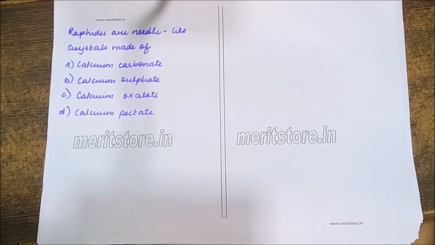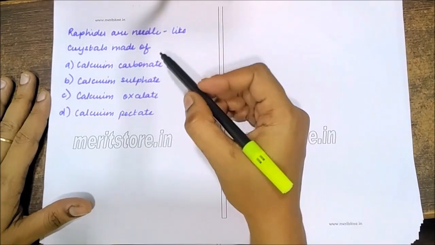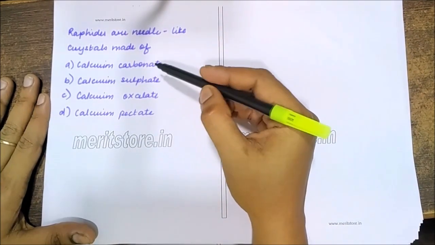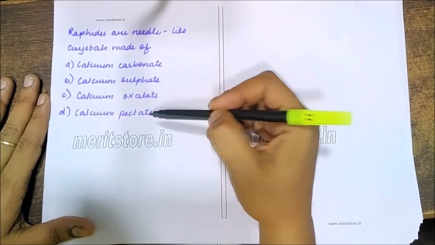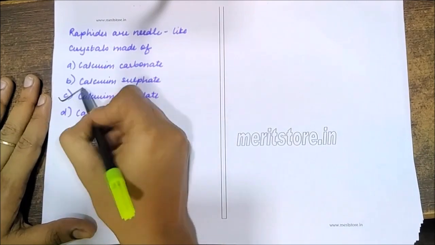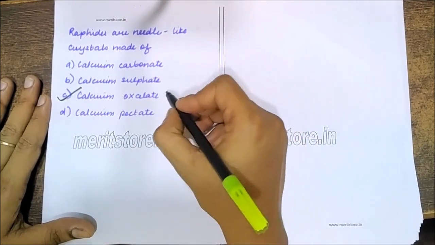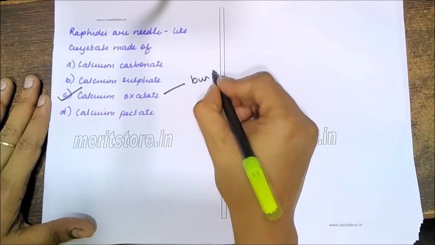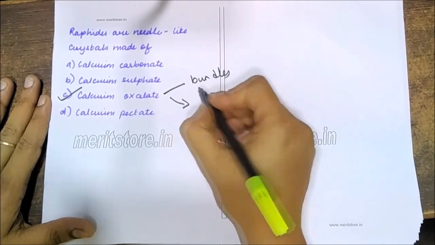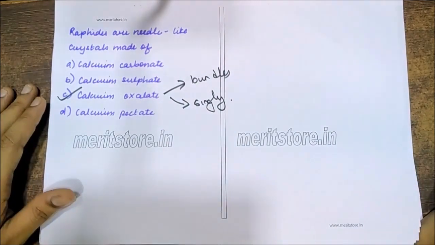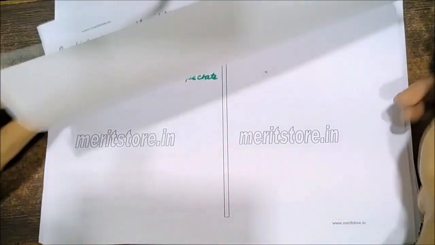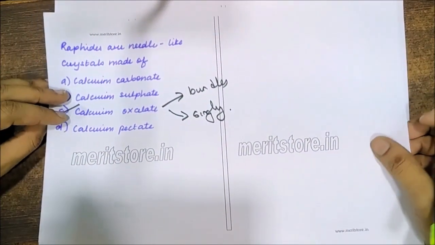Next. Raphides are needle-like crystals made up of, options given are calcium carbonate, sulfate, oxalate or pectate. The correct option is calcium oxalate. Now these may be either in the form of bundles or found singly. So the raphides are formed from calcium oxalate.